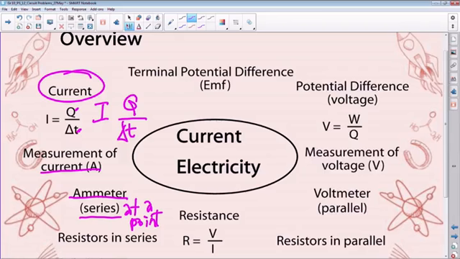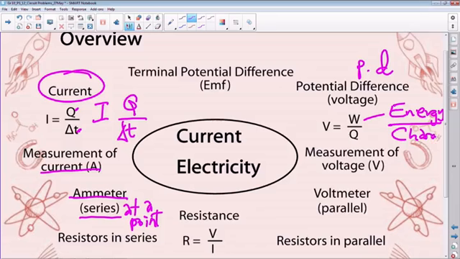We also have another very key concept, which is potential difference, which we sometimes shorten to PD, or voltage. It has to do with energy transformation. Work is energy. We know that when work is done, energy is transferred from one form to another. This is per coulomb of charge. Let's say we've got charges flowing through a conductor.